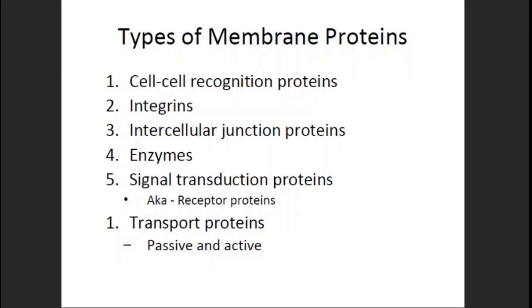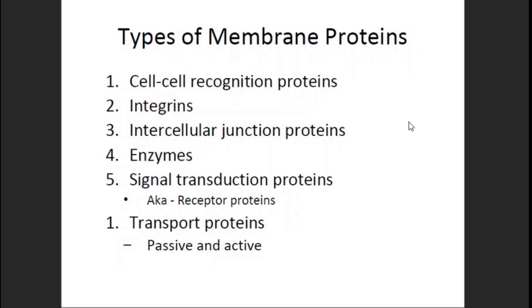The proteins associated with the membrane can be further classified depending upon their functions. That is, types of membrane proteins. The proteins can help in cell-to-cell recognition. Some proteins can act as integrin proteins, which are an integral part of the membrane. Some proteins act as intercellular junction proteins. As the name suggests, they help in linking with the other cells.